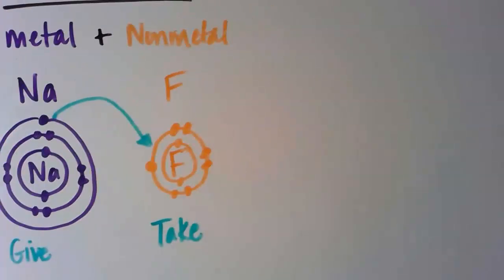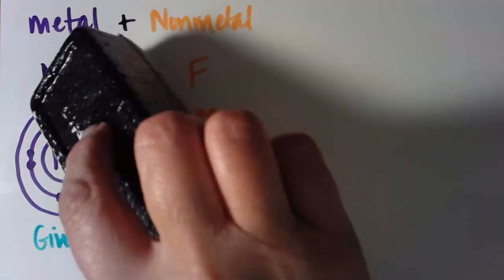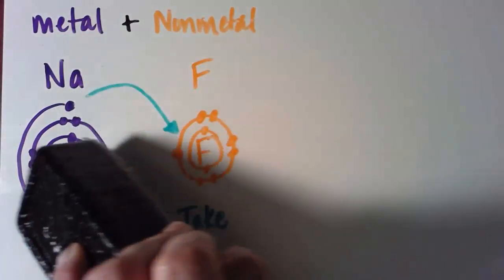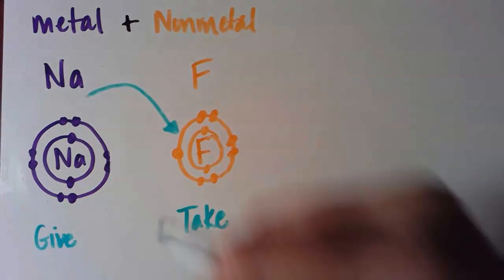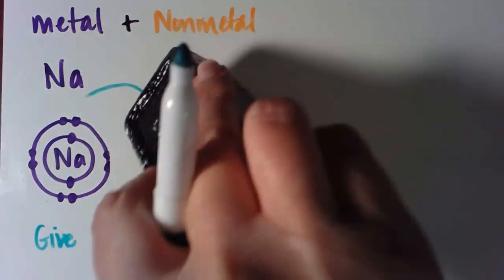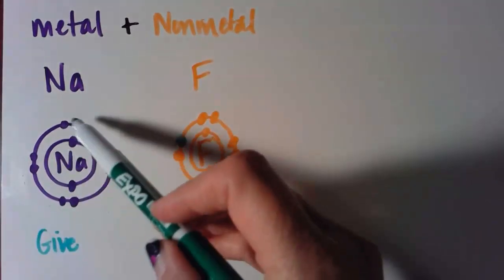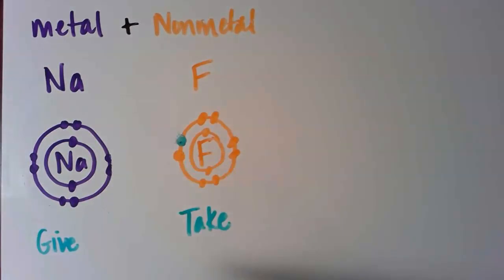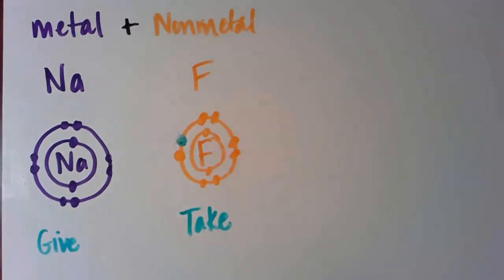Ready? Now your sodium loses this outer shell. So that outer shell goes away. That extra electron is gone. The extra electron is given to fluorine. And now if you'll notice, I have 1, 2, 3, 4, 5, 6, 7, 8 in my outer shell. 1, 2, 3, 4, 5, 6, 7, 8 in my outer shell.